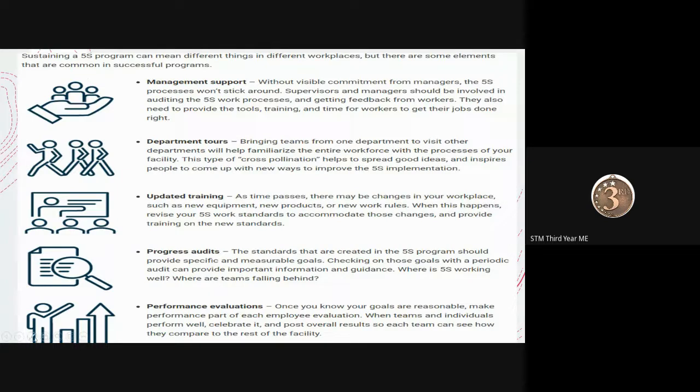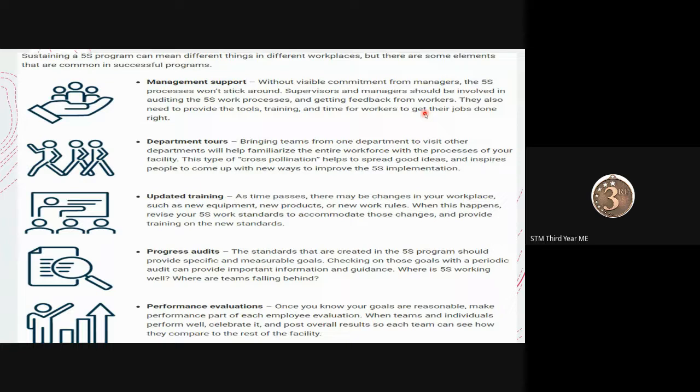So you can see here, without full commitment from managers, the 5S process won't stick around. So they have to be committed to make the procedure stick around. Then supervisors and managers should be involved in auditing the 5S work processes and getting feedback from the workers.